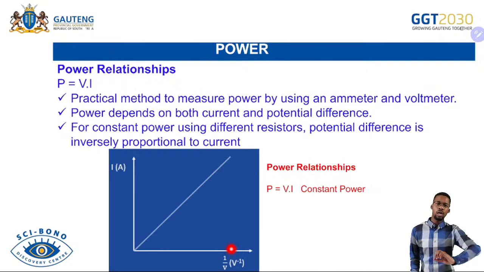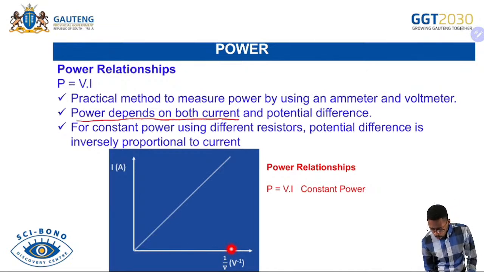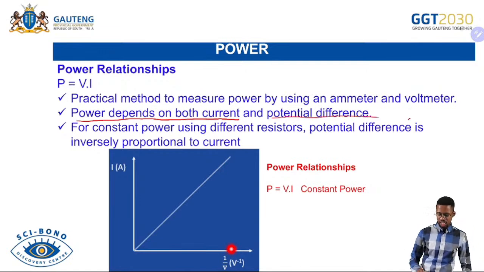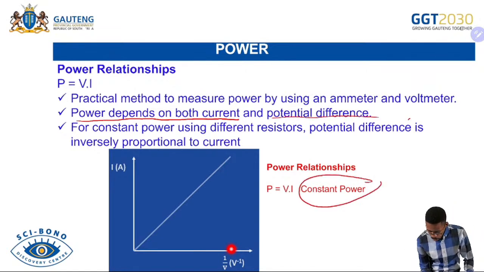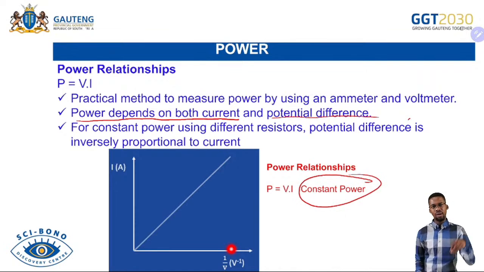From this formula, you can see that potential difference and current have a linear relationship, meaning that power depends on both current and potential difference. Provided that power remains constant, the current and potential difference are directly proportional to each other.